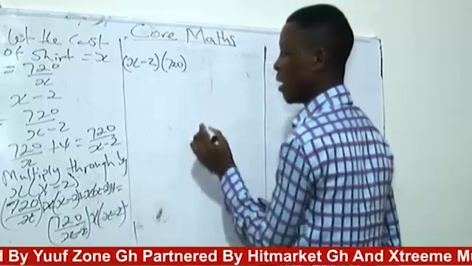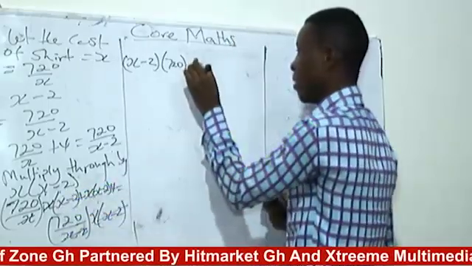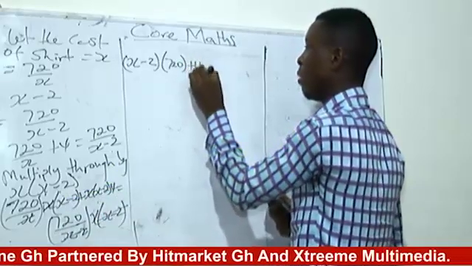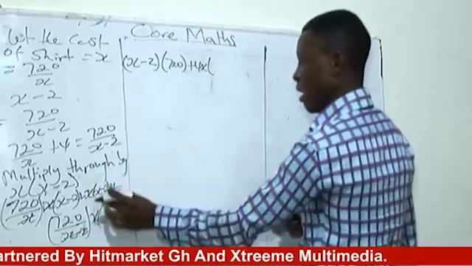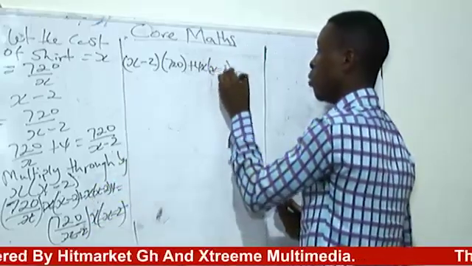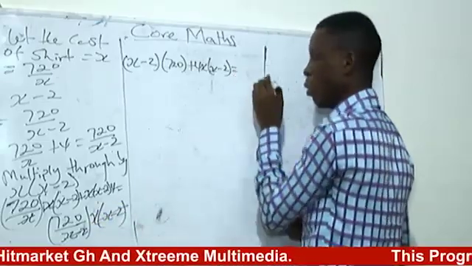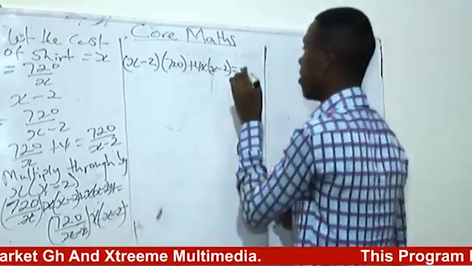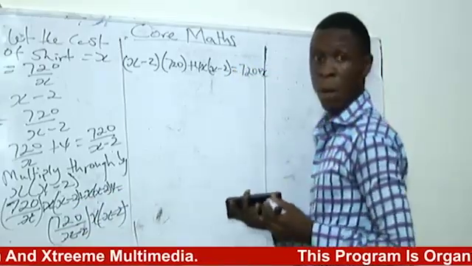Then over here, plus 4s will be multiplying this s minus 2, equal to, then over here our s will be multiplying the 720, so 720 times s. I hope I'm making some sense.